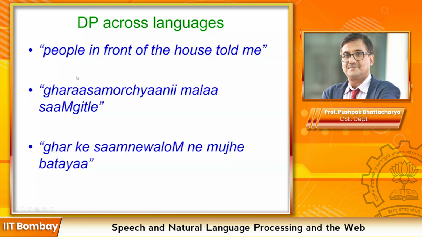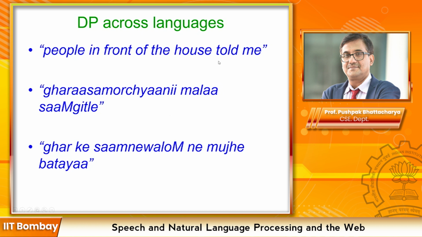So you could have written "those in front of the house told me", or "people in front of the house told me". Sangitle indicates plurality, so more than one person. Ni also indicates plurality, more than one person. Walon is a suffix indicating plurality. So Hindi, Marathi show plural suffixes, and people is inherently a plural noun. Okay, plural noun.